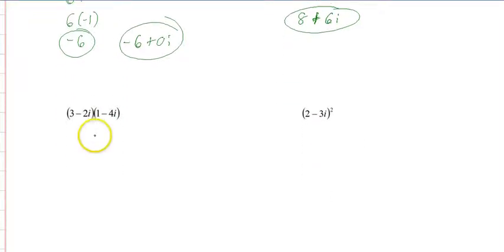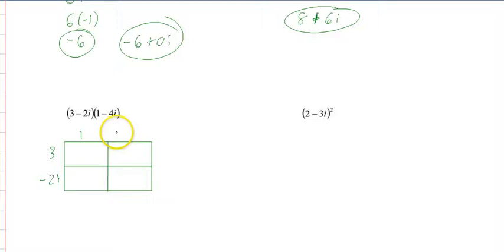Right, even with box method. So we have 3 minus 2i and 1 minus 4i. So we multiply: that's 3, minus 12i, minus 2i, and then that's 8, and then i and i would give us i squared. So writing them out, we have 3 minus 12i, minus 2i, and plus 8 i squared.